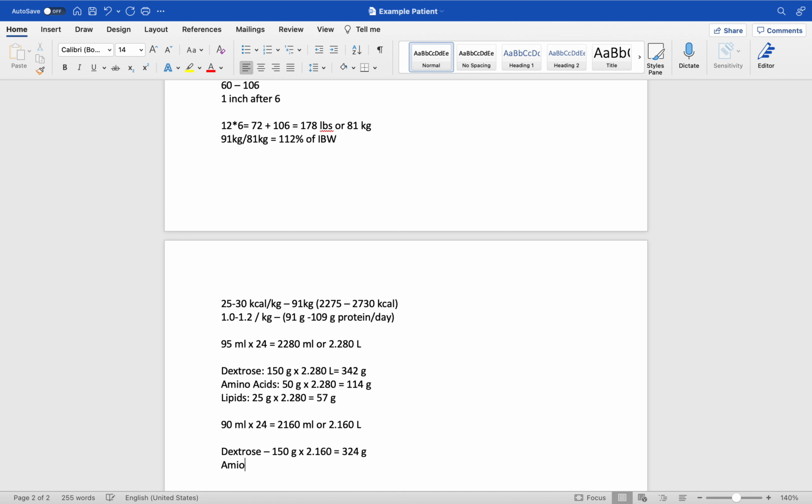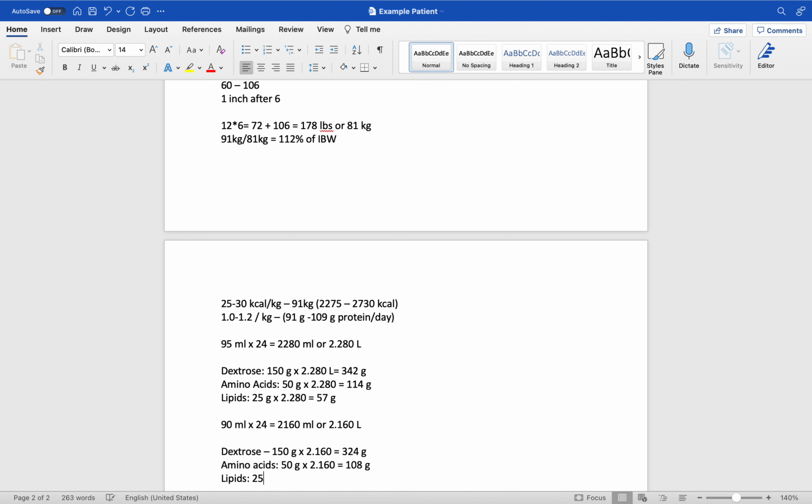Amino acids, so 50 grams times 2.160 equals 108 grams of amino acids, which is perfect.